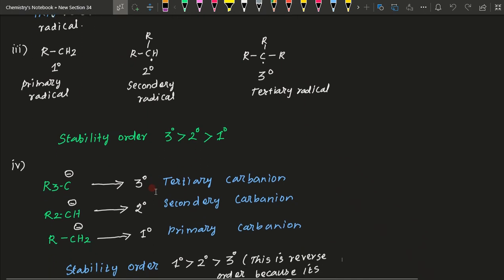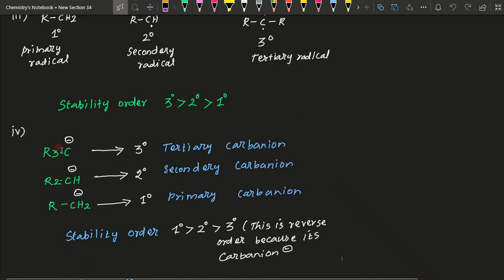Again see, this is the tertiary carbon ion, this is the secondary carbon ion, this is the primary carbon ion. The stability order here: 1 degree is more stable, sorry, 1 degree is more stable than 2 degree, 2 degree is more stable than 3 degree.